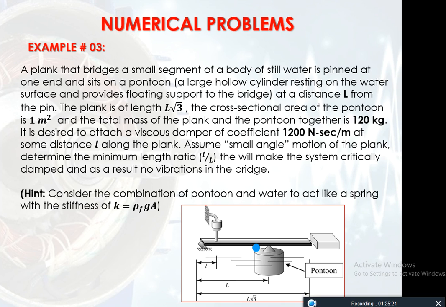In this case, we have a restoring force for the stiffness element pontoon, and we also have a restoring force for the damping element. So we have two restoring forces and one inertial force known as I theta double dot, that is correlated with the mass of the body.